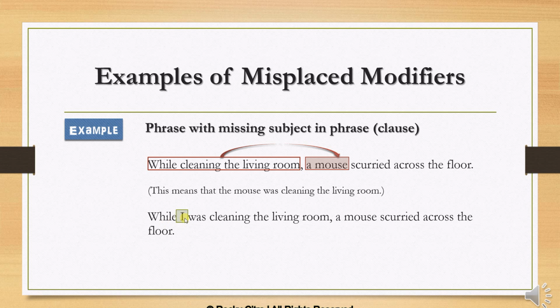One would be to add in the word I, or whoever was cleaning, into the actual phrase itself. Doing that would give it a subject-verb pair and would technically turn it into a clause. That's why I added the word clause in parentheses here. But the main idea is just that we have to clarify who's doing what. We could also fix this by saying, while cleaning the living room, I saw a mouse scurry across the floor. That would also be fine. The word I would come right after the clause, or that phrase, so it would be easy to understand.